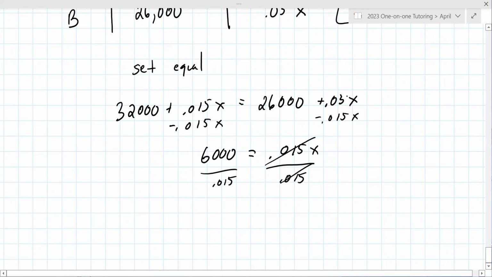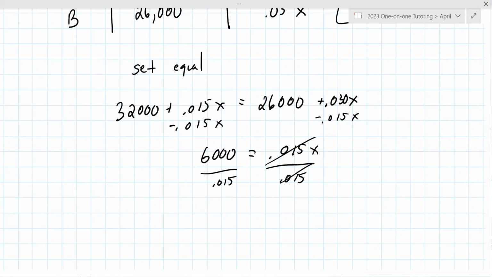No, it's 0.030. So when you subtract 0.015, it becomes 0.015. Okay. Yeah, I just did it backwards. Kinda. Okay, so then you divide 6,000 by 0.015, yeah.